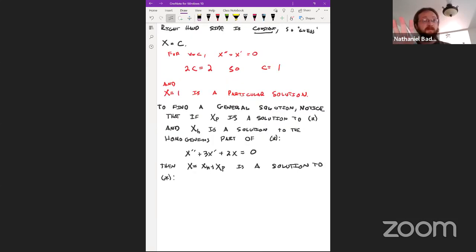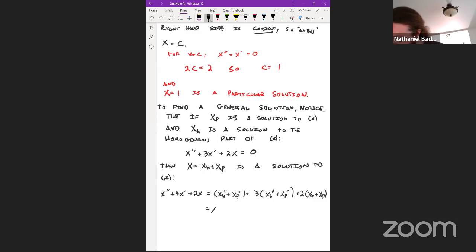Just to see it, this is maybe very straightforward, but we can write it down. The left-hand side, x double prime plus 3x prime plus 2x, is equal to xh double prime plus xp double prime plus 3 times xh prime plus xp prime plus 2 times xh plus xp. We can separate these exactly as we did for the superposition computation.